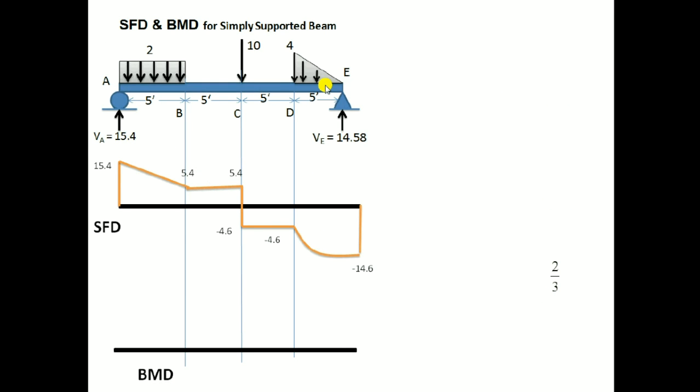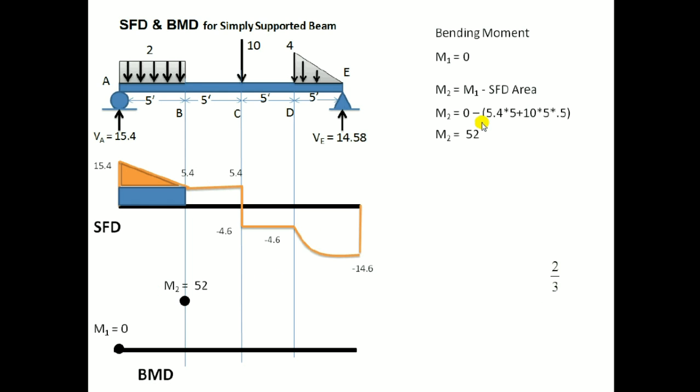Now I will draw the BMD diagram for this type of loading. This M1 is equal to 0 because here is the roller. This is M2. M2 is equal to M1 plus or minus SFD area. SFD area is actually equal to 5.4 into 5. This blue rectangular area is this one, plus the orange triangular area, 10 into 5 into 0.5.